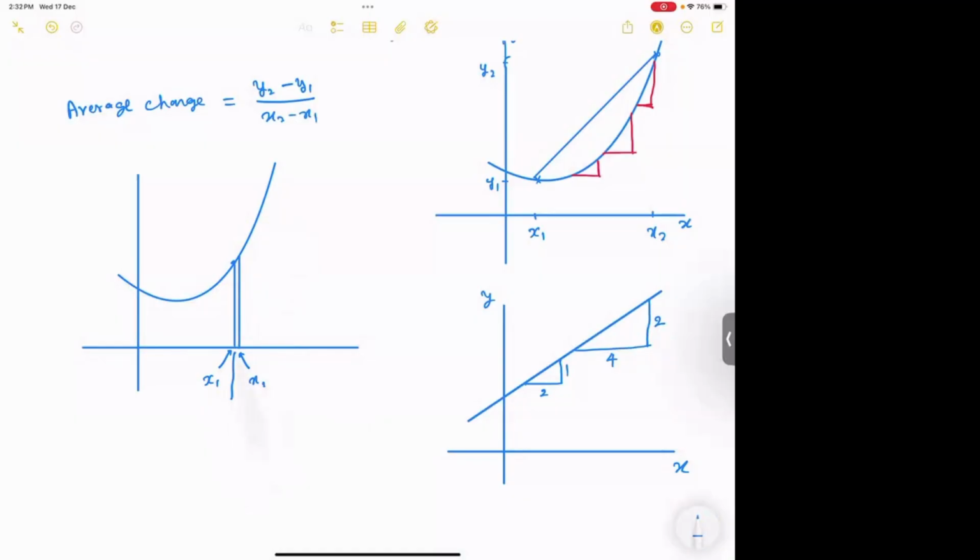And the difference between the 2 points is very small. I'm just making this much difference just to show, because if I take even smaller, then I won't be able to show this. And corresponding y value is f(x1), and the other corresponding y value is f(x2), isn't it?